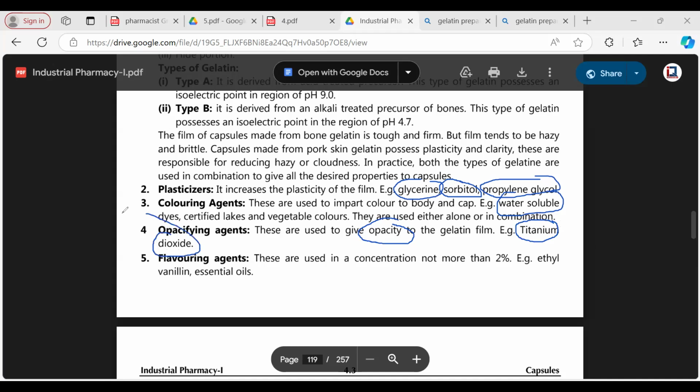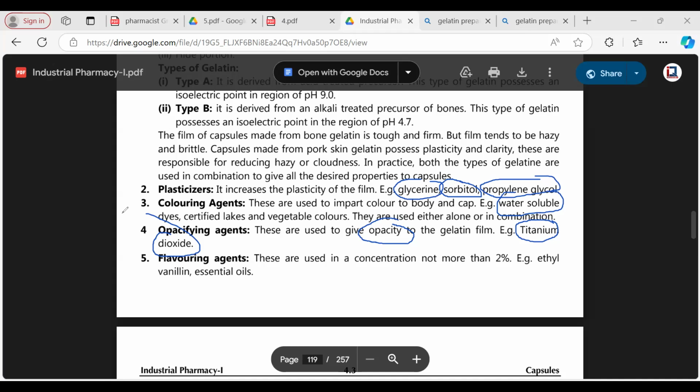We use it a lot. This one example is enough to remember. Opacifying agents are used in creams, gels, ointments, powders, any cosmetic or topical preparations to improve the appearance and mask the imperfections. We need an opacifier, and the popular opacifier approved by FDA is titanium dioxide.